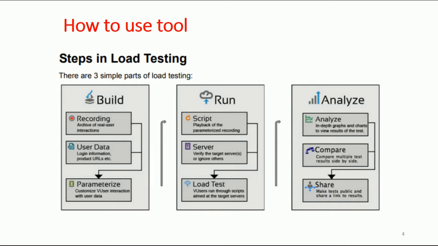In build, we normally begin with the recording. As testers, we get to know the use test cases either from the product owner or stakeholder, or from some analytical data, and we take those test cases and record the user interaction with the mobile or web application.